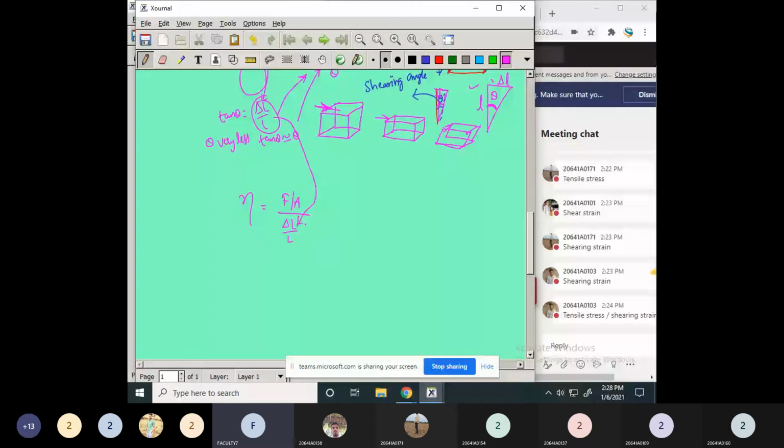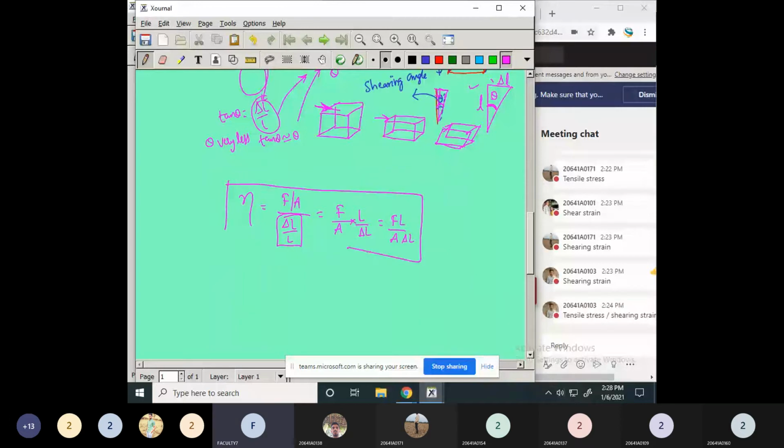But as we are going to measure in terms of centimeters, if you consider theta it will be in radians. Here let us take the length, so you can write F by A into L by delta L, which is F L by A delta L. So this is the rigidity modulus.